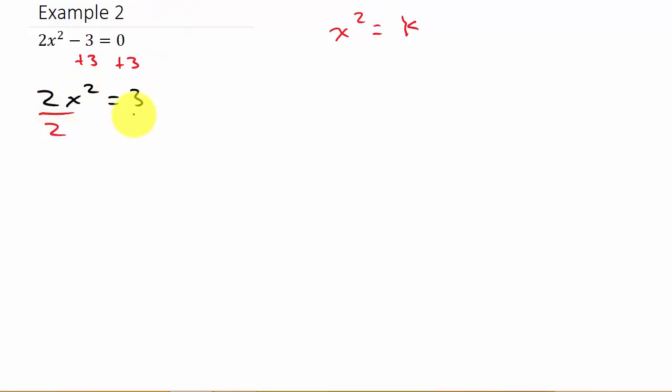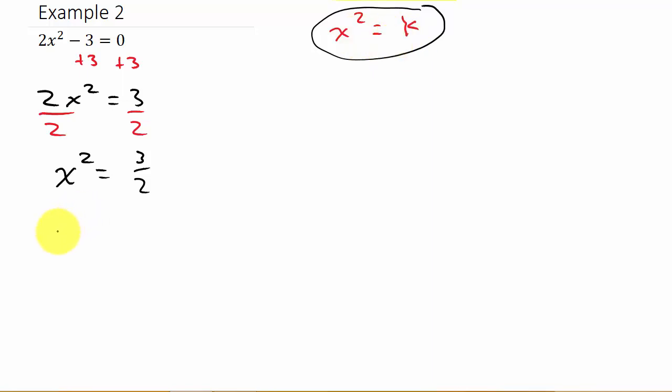Then I would divide both sides by 2, and so I get x squared equals 3 halves. Okay, so now I have it in this form here. So that means x is equal to plus or minus the square root of 3 halves.